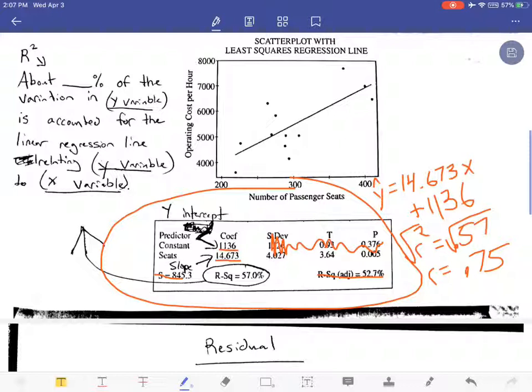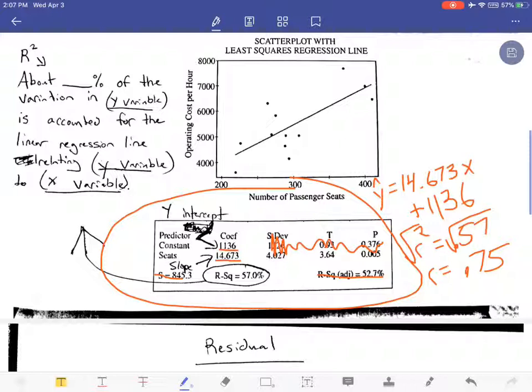So the main concept is r-squared is telling us what percent of the variation in our data is explained by the regression line. So the sentence you want to make sure you memorize is about blank percent of the variation in your y variable is accounted for by the regression line relating the y variable to the x variable. So I know that's a lot of words. Let me do it in context with this problem.